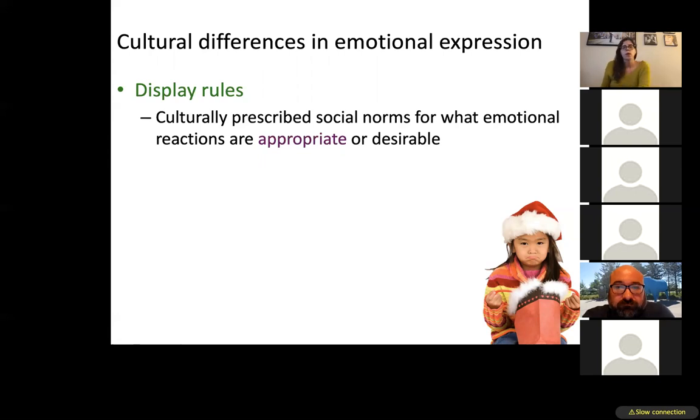Okay. So one popular idea in talking about emotion expression is display rules. What display rules are is the norm for what kinds of emotions are okay to show to other people and in public, I guess. Or what's desired, not just okay, but what's desirable.